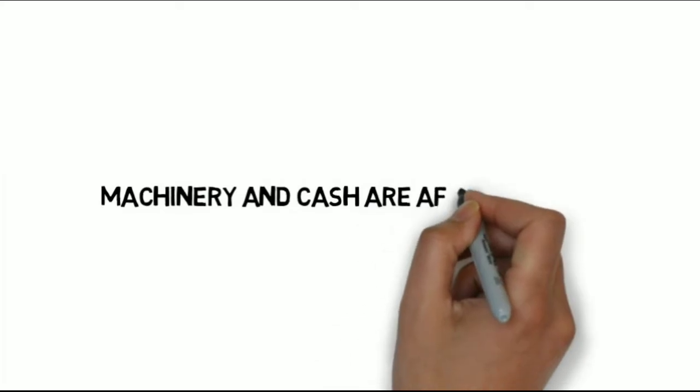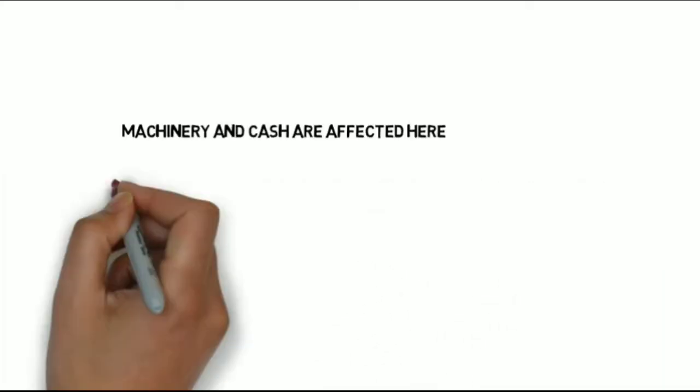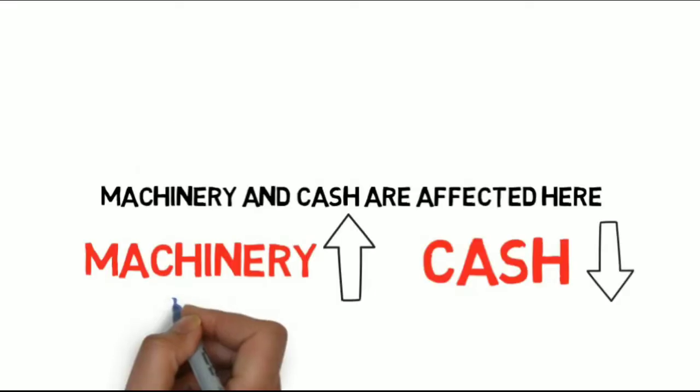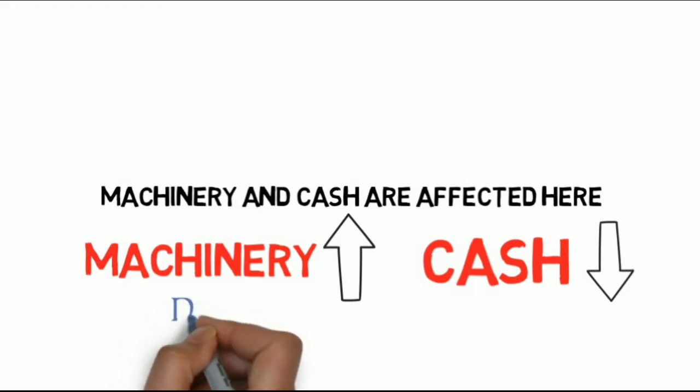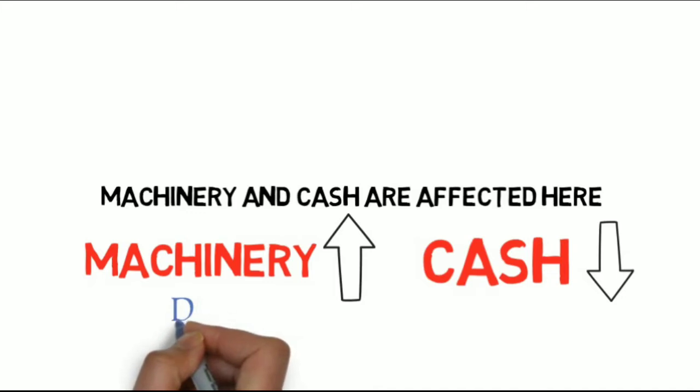So if the transaction is like I bought a machinery, when you buy a machinery, asset is increasing and cash is decreasing. So just memorizing what I taught you above, when an asset increases it is debited, when an asset decreases it is credited.